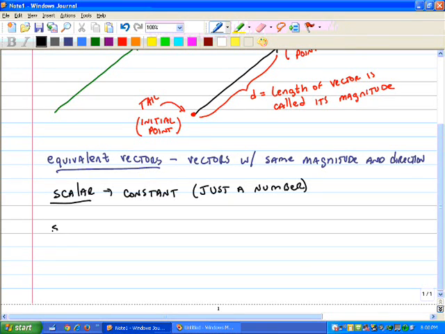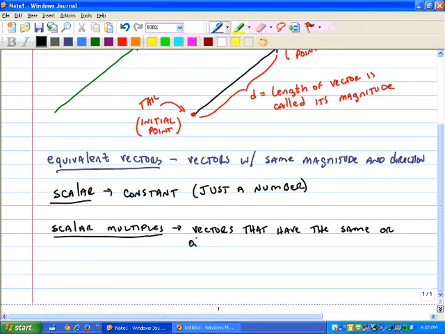We say two vectors are scalar multiples of each other if they have the same direction or the opposite direction, but different magnitudes.